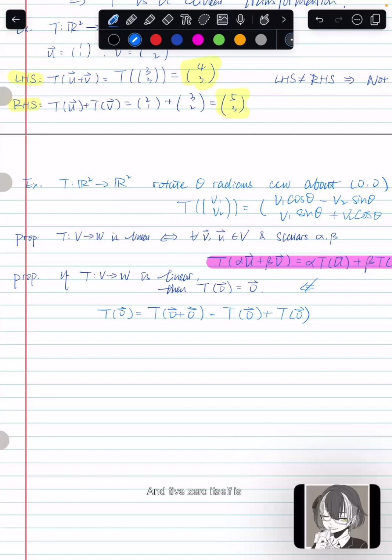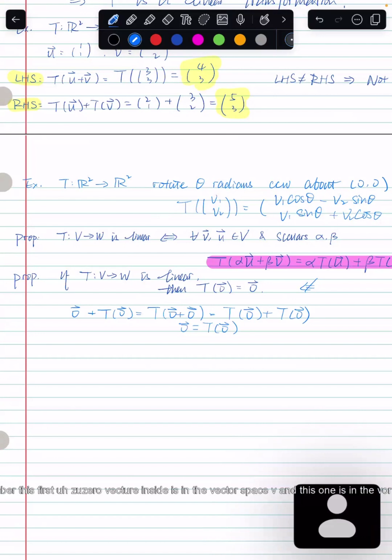And T of 0 itself also equals 0 plus T of 0. So if we subtract T of 0 on both sides, we have 0 equals T of 0. But remember, the first 0 vector is in the vector space V, and this one is in the vector space W.